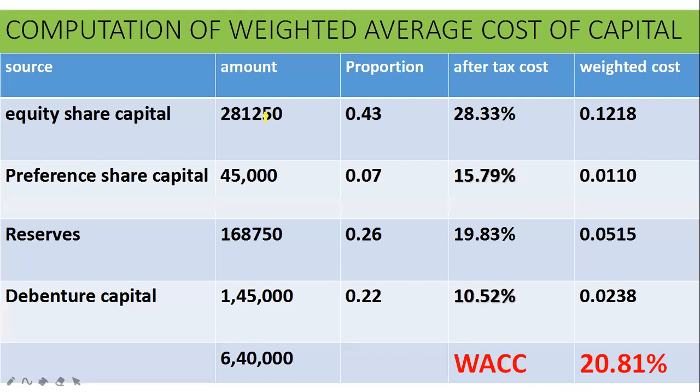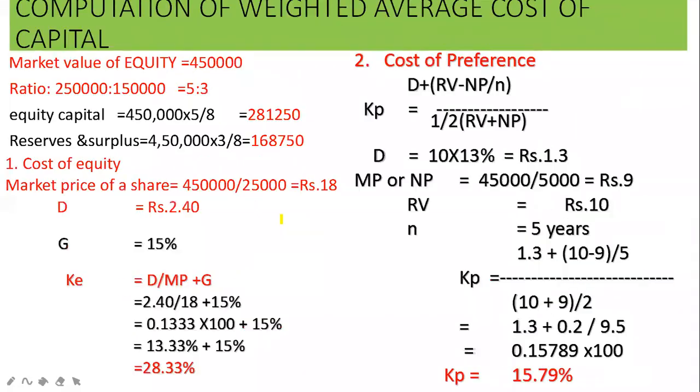To calculate the weighted average cost of capital, you take all the sources, namely equity share capital, preference capital, reserves, debenture capital. For equity share capital and reserves, I have already calculated the individual market value in the previous slide itself by applying the ratio.